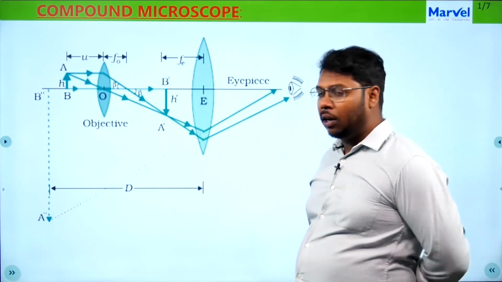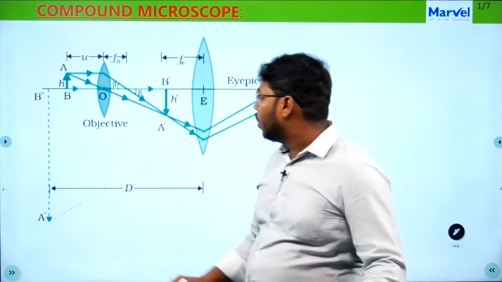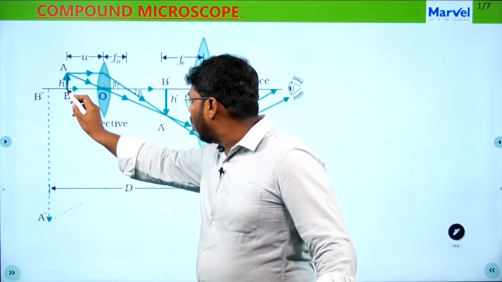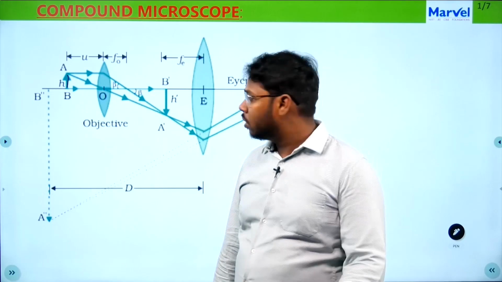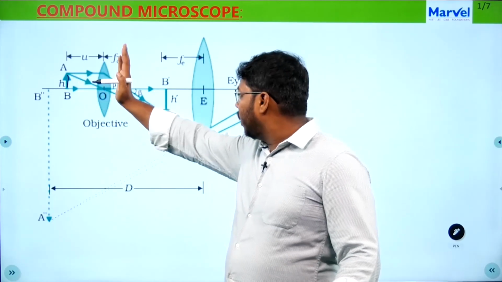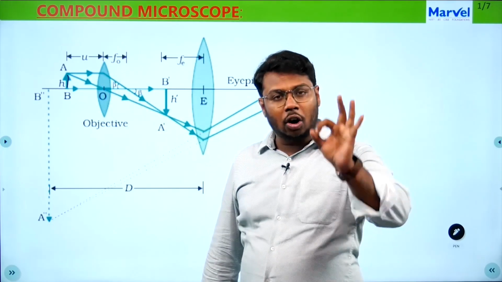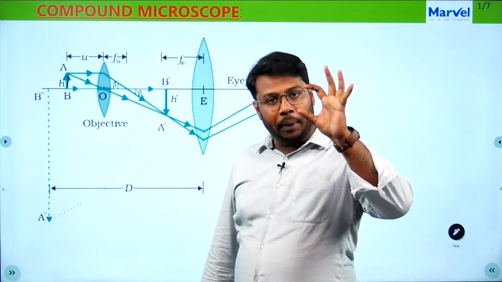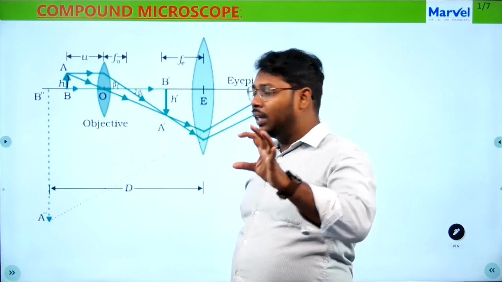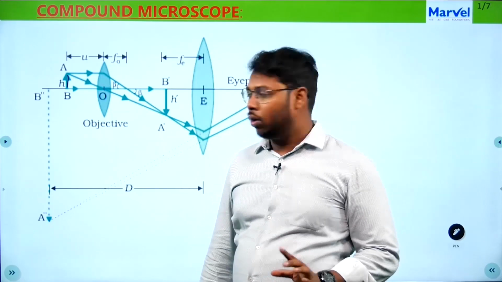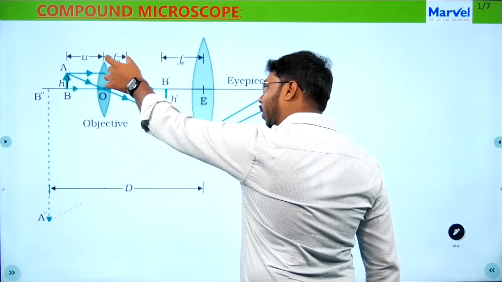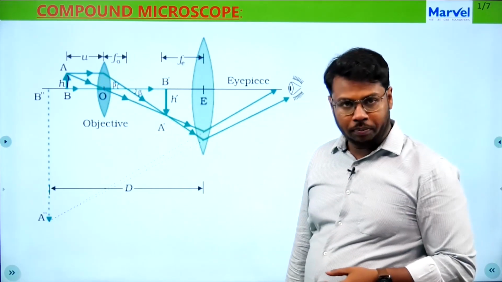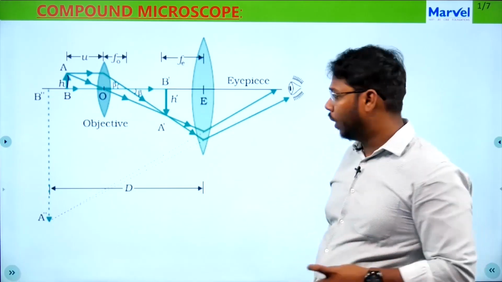So now let me tell you what exactly happens here. You see, this is a very small specimen that I have placed. The light from this enters into the first convex lens, whose aperture is very small and its focal length is also very small. So the objective lens has a very small focal length as well as a small aperture.